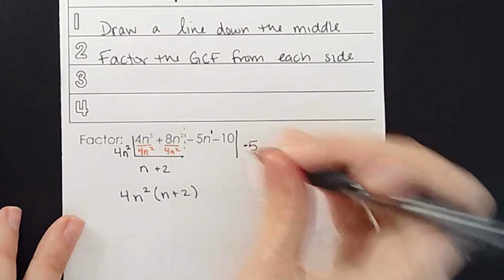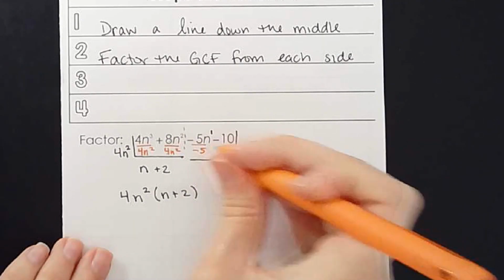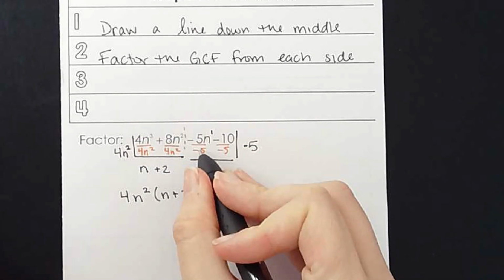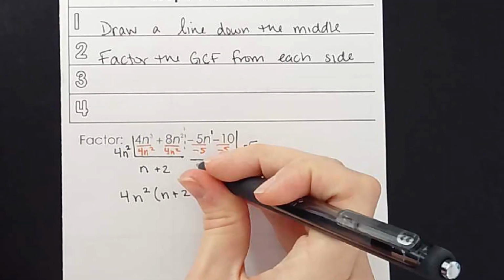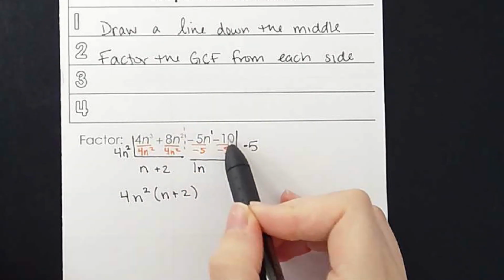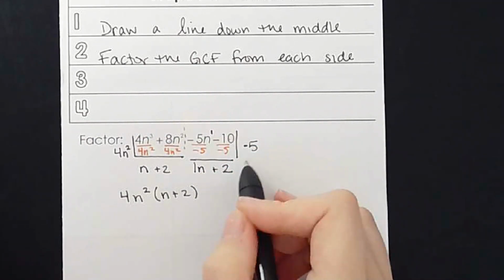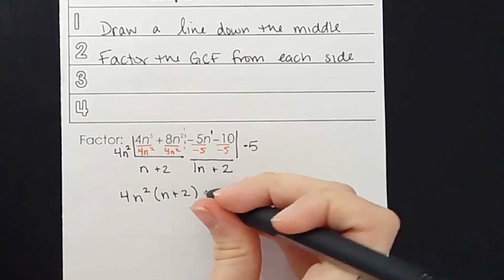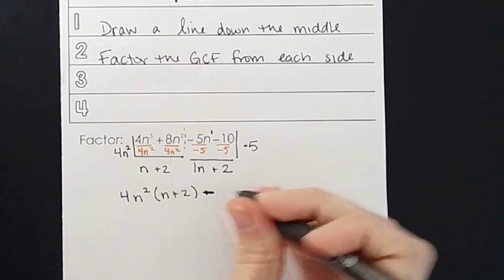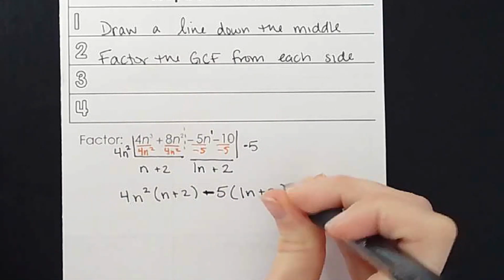So if I divide both of these by -5, I will end up with -5 divided by -5 is +1, and I have an n here. -10 divided by -5 is +2. So on this side of my polynomial, I have -5 times 1n plus 2.